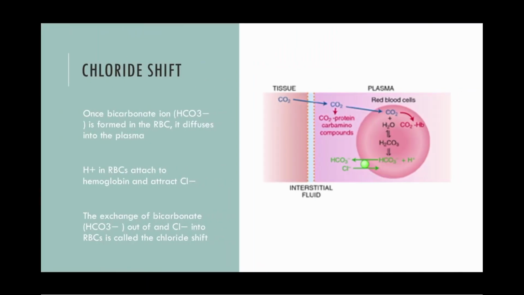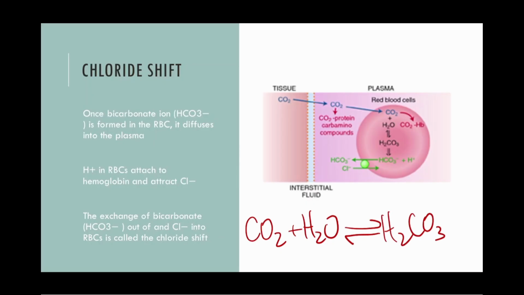So we have something called the chloride shift. I want to draw this one out. We mentioned it a little bit the other day. We have CO2 plus water gives a reversible reaction to give you carbonic acid, H2CO3.